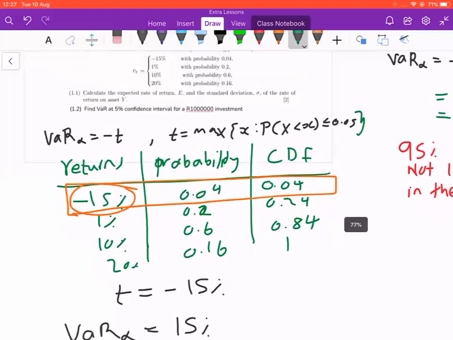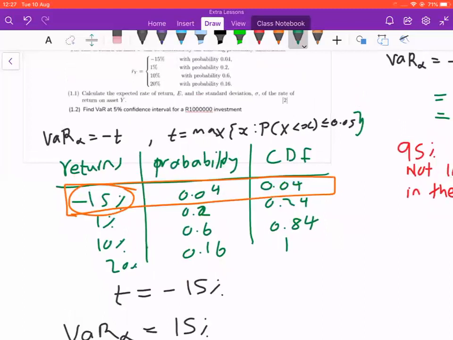How do you get the negative 15? Because you are finding t, which is going to be the value of x. So your x values in the formula are negative 15%, 1%, 10%, and 20%.